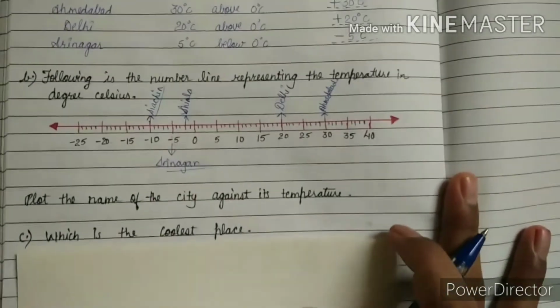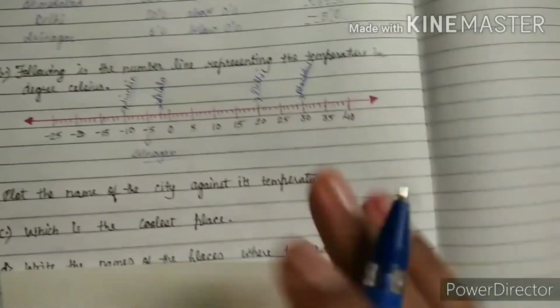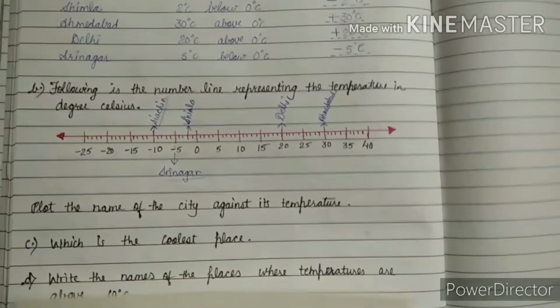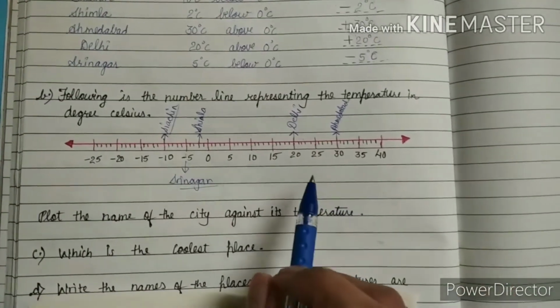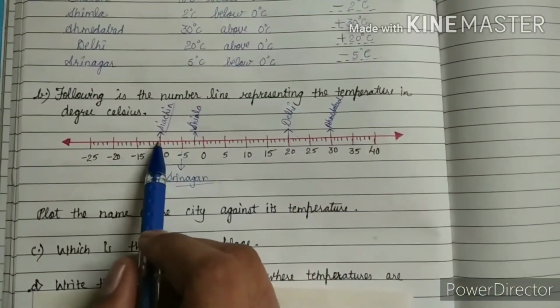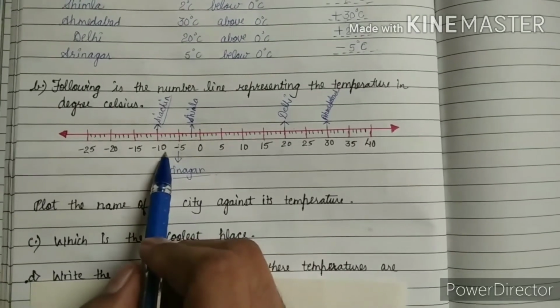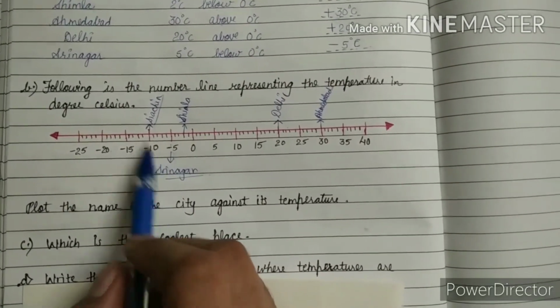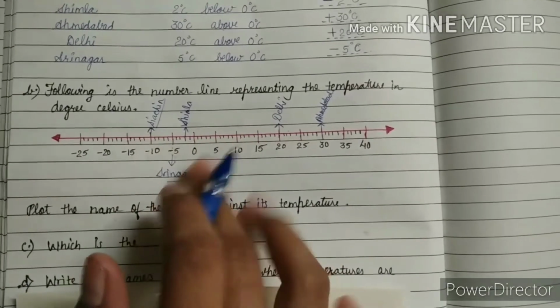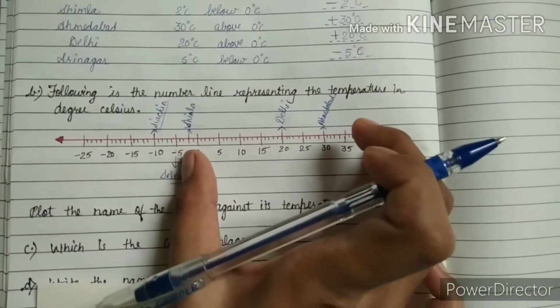Now C is the question of 5th. Which is the coolest place? Coolest place means the place having the least temperature. Who is having the least temperature? On the number line, the one placed last, Siachen, is at the least place, that is negative 10. All the negative numbers are smaller than 0 and positive numbers. So 0 and all the positives are greater.